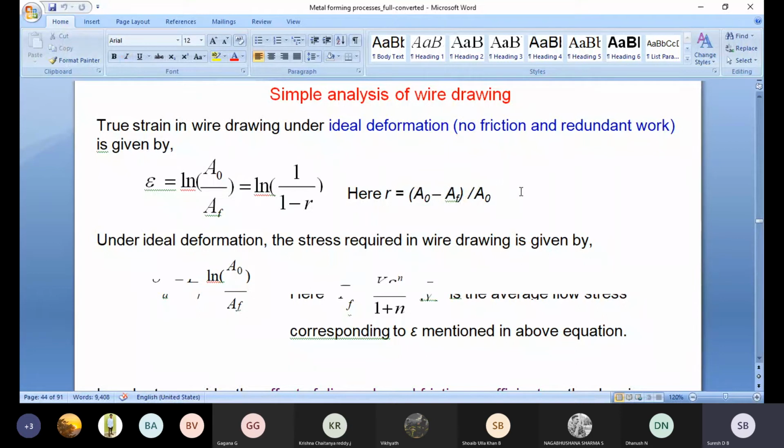That formula indicates the percentage of reduction in cross sectional area of the component or specimen. But here r equals (A0 - Af)/A0, that is, how much reduction in cross section. By using this formula you can find out the strain produced in that particular body or component.